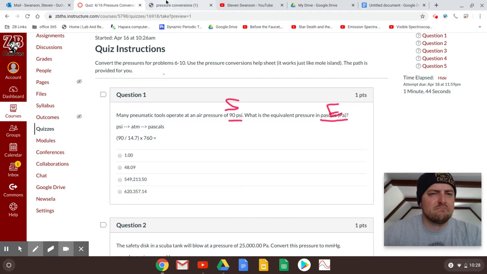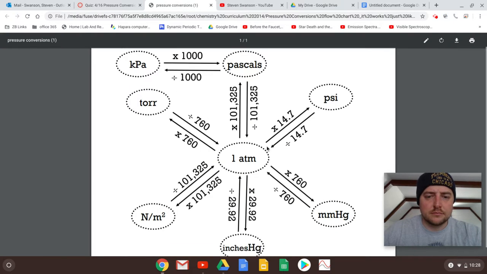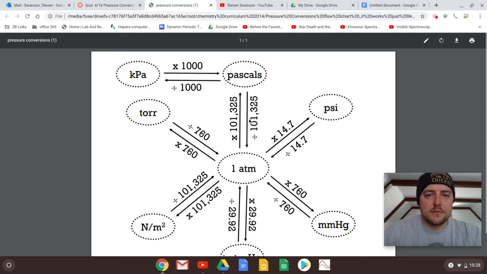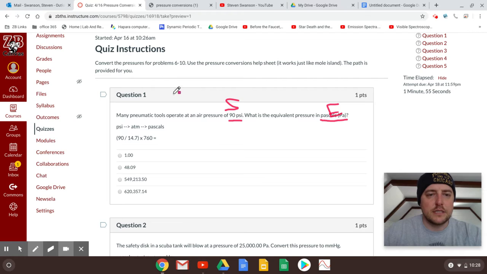So divide by 14.7, and then this is saying pascals. Why does it times 760? That would be torr. So that is a mistake. That should be 101,325. That's a comma: 101,325.